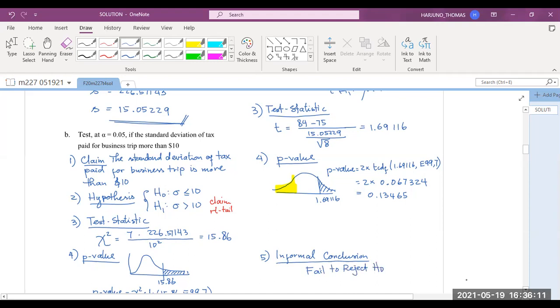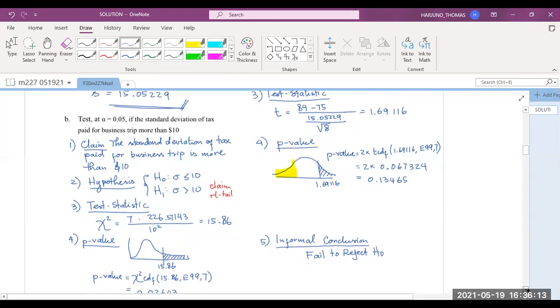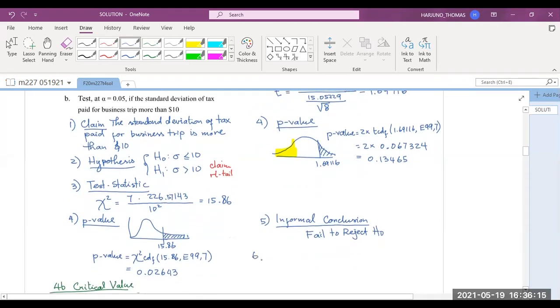Now the claim is with the null hypothesis this time, right? So the conclusion, we will try to reject the claim. If the claim is with the null hypothesis, then we will try to reject that. And in this case, we don't have enough evidence to do so.